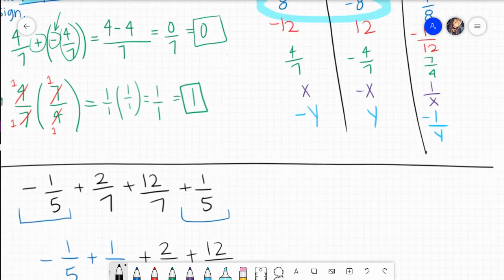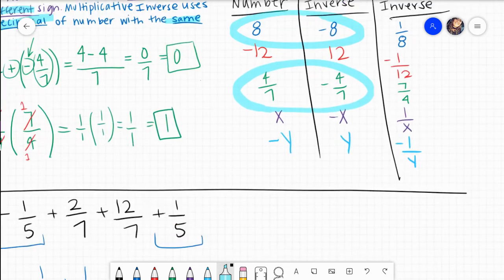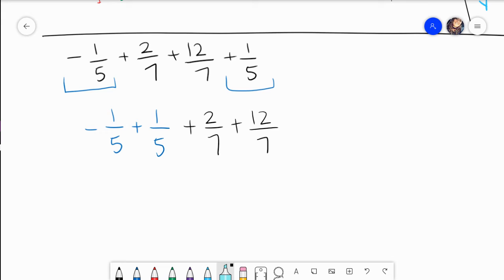Now look at this. If I have a fraction and I add to it the exact same fraction with a different sign, I get 0. What is this? This is 1 over 5, and added to that is another 1 over 5. The signs are different, right? So that's where I have the ability, they cancel.